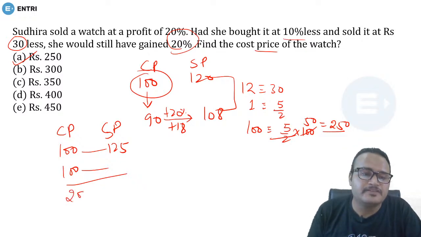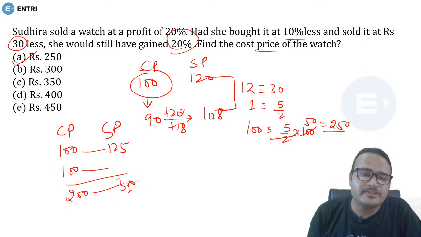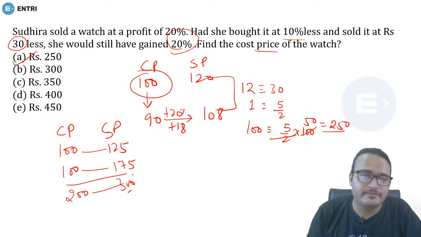So guys, if he is getting an overall 50% profit, that means 200 becomes 300. So 300 must be there. So if there is 300, then here will be what, guys? Here will be 175.